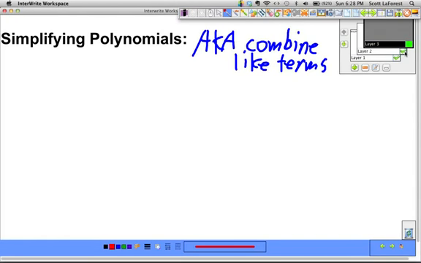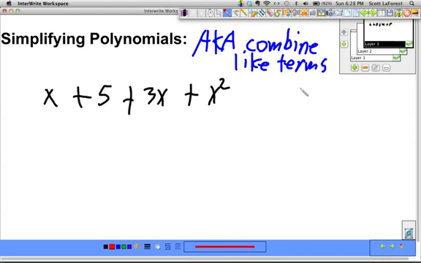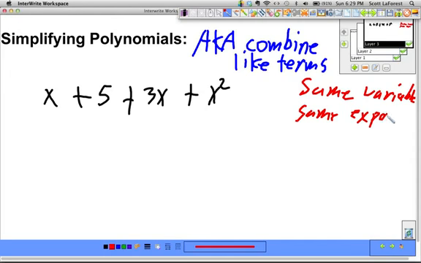Anything with the same variable and same exponent we're going to combine into one. We're going to add them together.